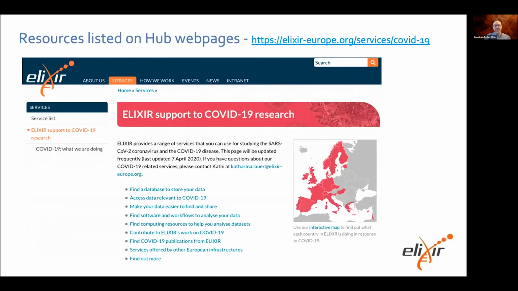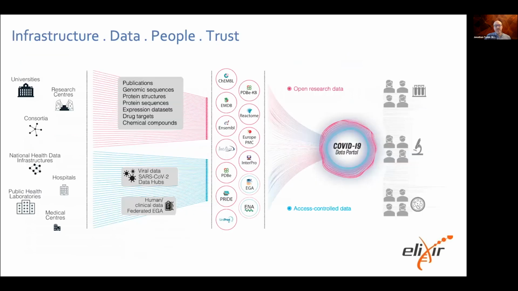And then finally, just a little bit more about how we were able to use these cloud resources to support COVID-19. I'll be quick now because I've just realized the time. So there's a web page here where you can see the kind of resources, not just cloud computing, but in particular around cloud computing. We were able to facilitate and enable this European-wide COVID-19 data portal.